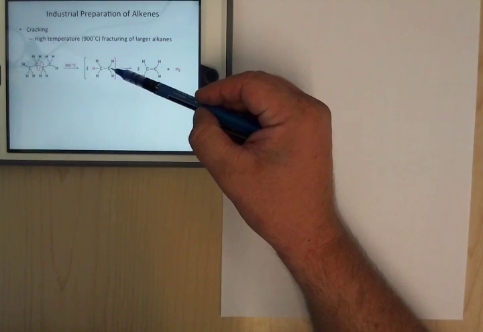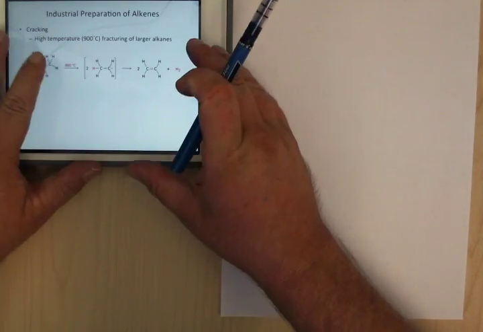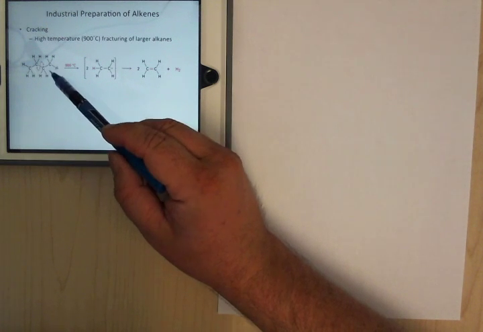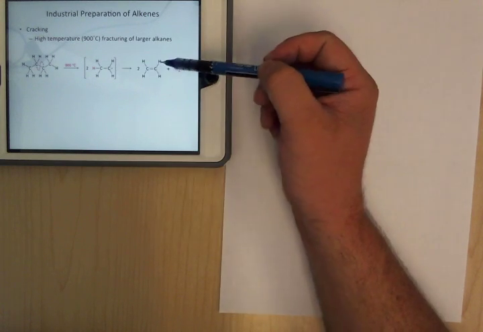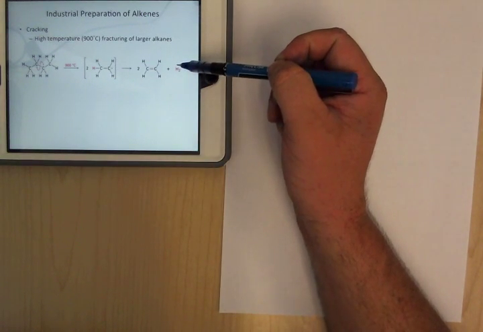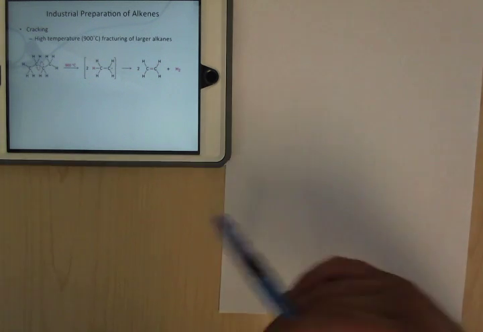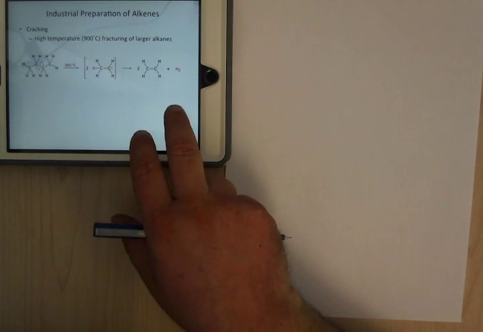So from the bond, one electron goes on one carbon, one electron goes on the other carbon, right? And then they can break down to make ethylene and hydrogen gas. But basically, long strings of alkanes can be broken down into much smaller ones by heating them, obviously in the absence of oxygen.